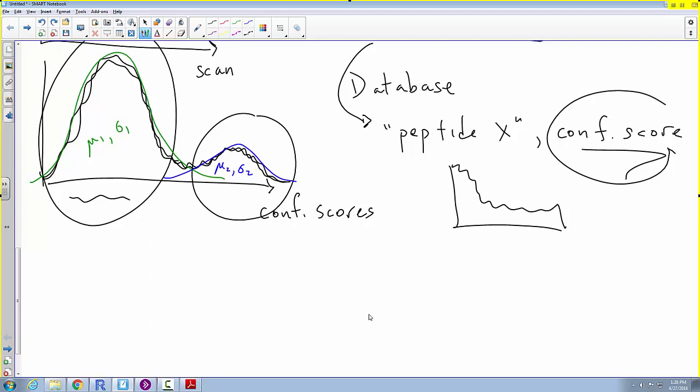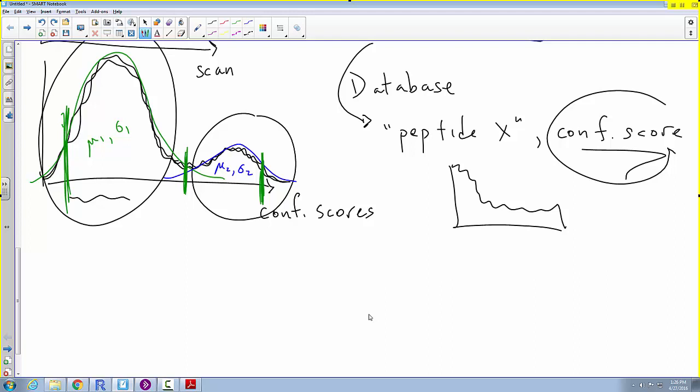So if peptide X had a confidence score that was right there, maybe, that's much more likely to have come from the smaller distribution than the bigger one. So I'd be confident in saying that's a correct match. Whereas something over here is much less clear, and certainly something over here I would want to get rid of.